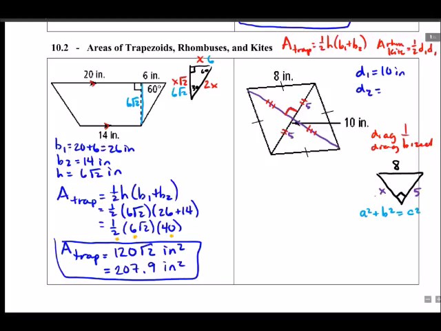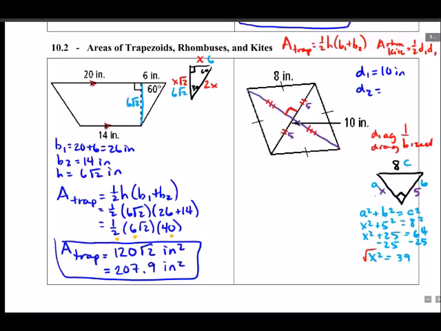And we have leg, hypotenuse. So x squared plus 5 squared equals 8 squared. That's 25, 64. Subtract 25 from both sides. And x squared equals 39.